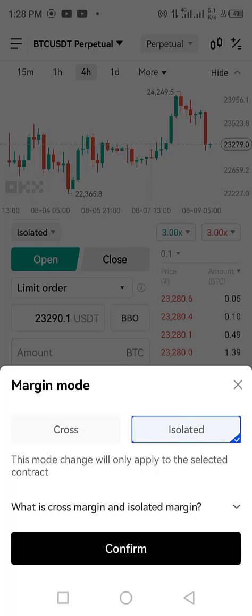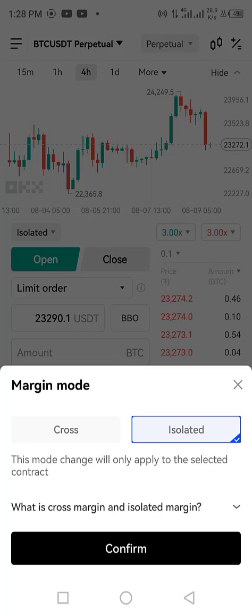Now, for isolated margin mode, let's say for example you have 100 USDT in your account, and out of this 100 USDT, you want to use 20 USDT to place a trade, let's say on BTC USDT perpetual. In case of liquidation, that means if the market goes against you, you are only going to lose that 20 USDT.